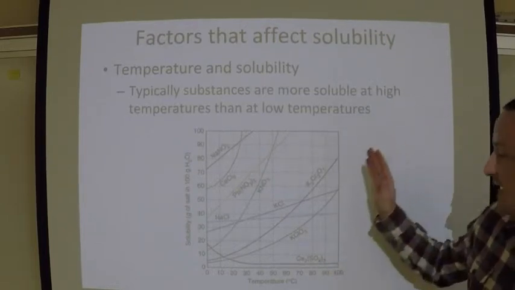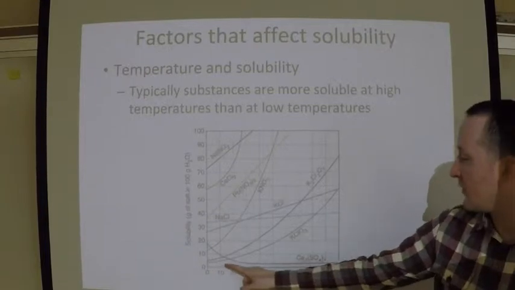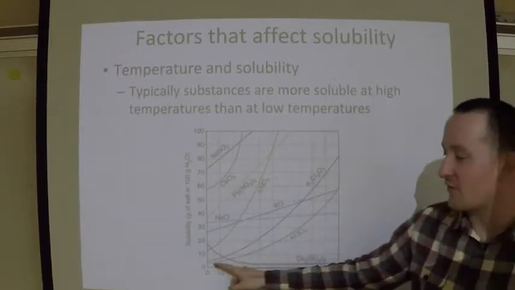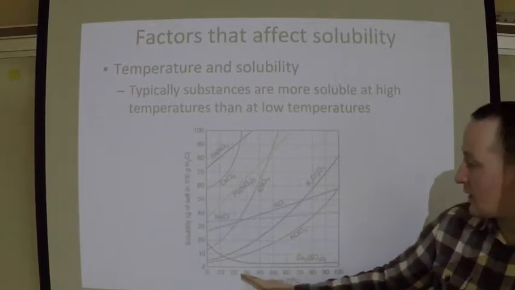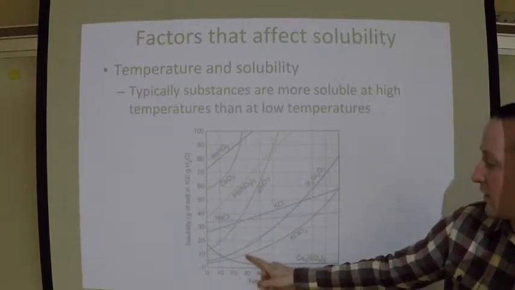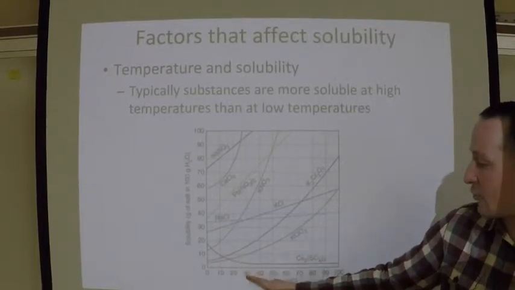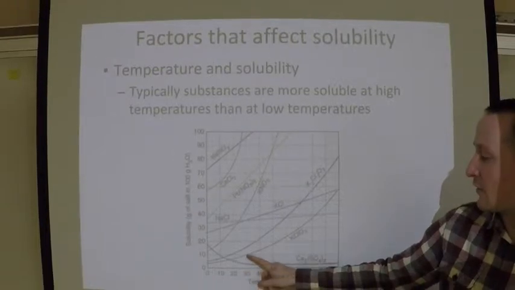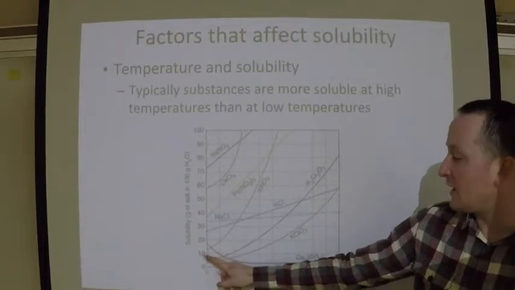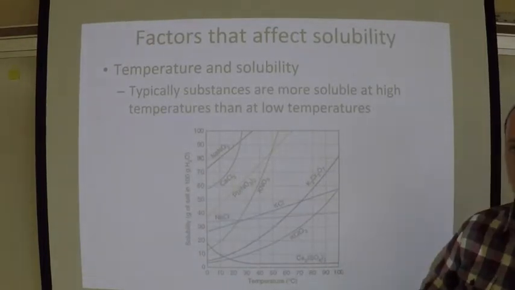As I look through this chart, I'm going to follow this line right here. It's kind of orange, I don't know if you can tell, but it's the KClO3 line. Notice at 30 degrees Celsius, I can dissolve 10 grams of KClO3 in 100 grams of water.